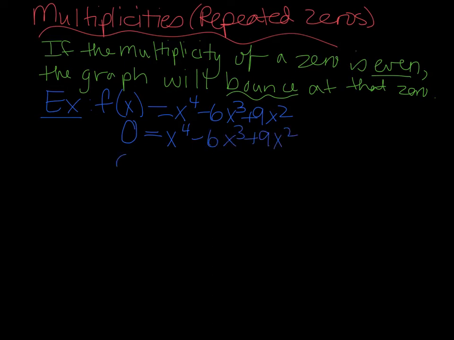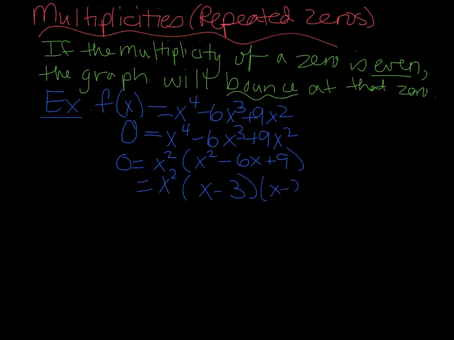When you factor, you're going to start by factoring out an x squared, which leaves you with x squared minus 6x plus 9. From there, I keep my x squared out there. And then x squared minus 6x plus 9 is going to be x minus 3 times x minus 3, which actually gives me x squared times x minus 3 squared.